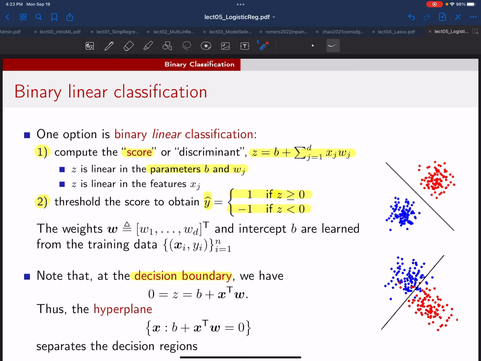Okay, so if you think about it, this is the equation for a line in d dimensions, or here in these pictures, it's a line in 2 dimensions. So we call this a hyperplane. It's basically like the generalization of a plane. If we were in 3 dimensions, it would be a 2-dimensional plane. Since we're in 2 dimensions, this is a 1-dimensional line. In higher dimensions, it would be some higher dimensional plane. But it's basically, we're talking about this thing here.